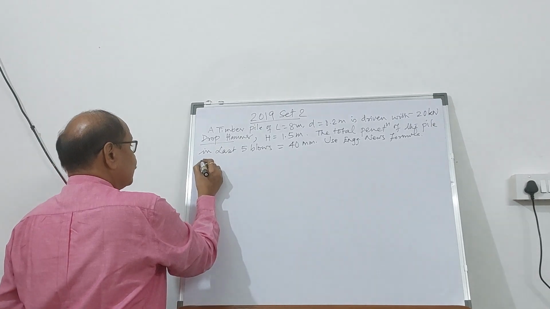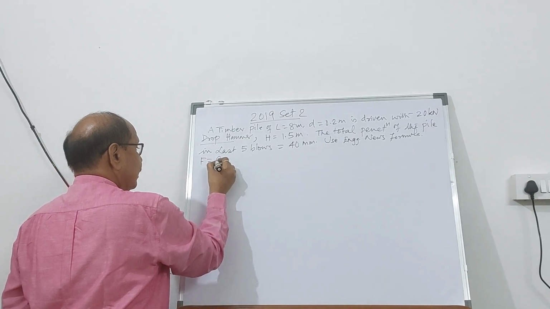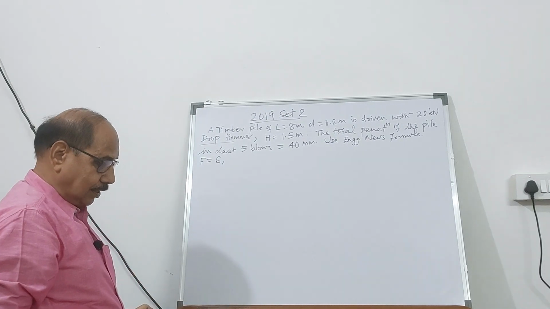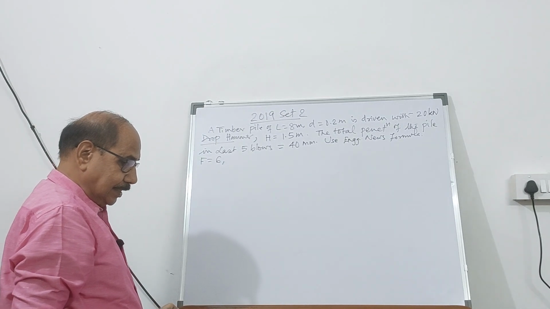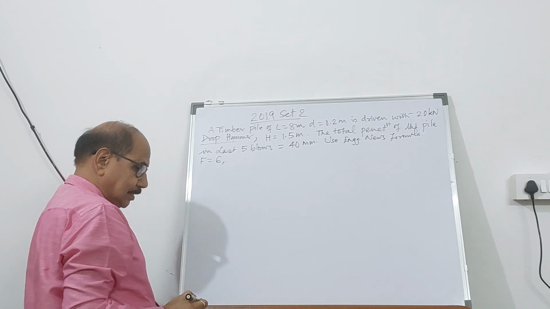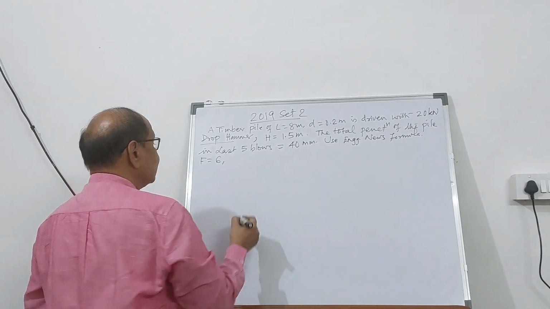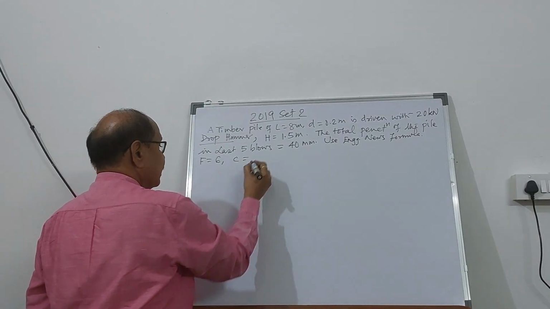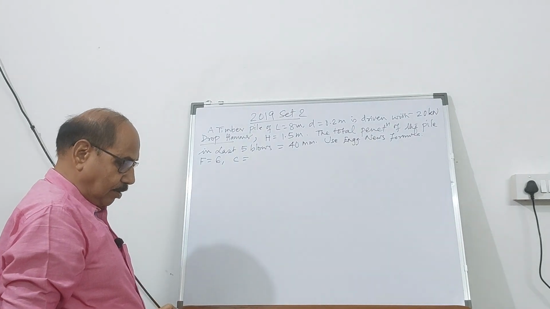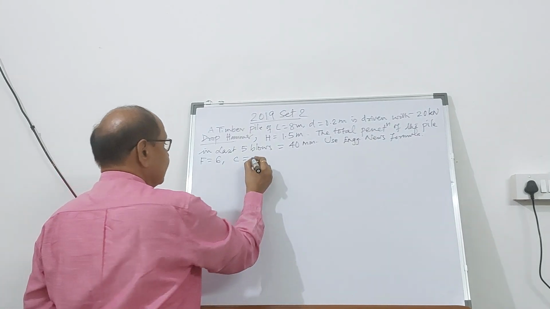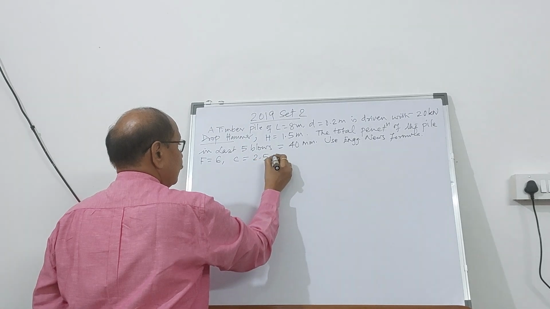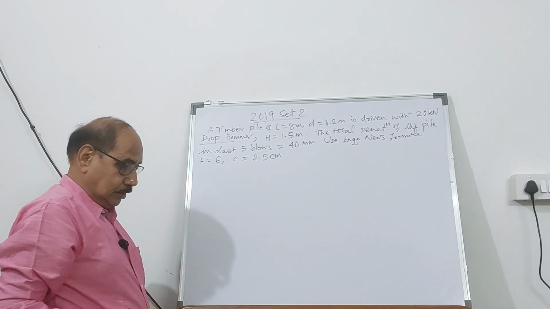The factor of safety to be taken equal to 6 for calculating this, and the empirical factor for reduction due to energy losses, that is C, is also given as 2.5 centimeters.